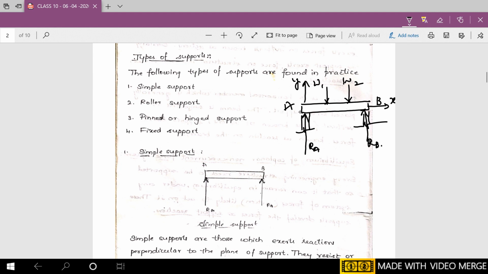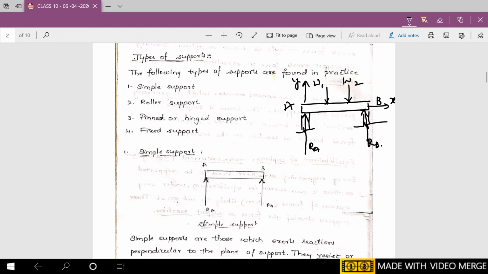But along the x direction it can move. If I apply a force like this here, it can move in the x direction, or if I apply a force on this side, it can move in the x direction. So it has translation ability in the x direction, but no translation in the y direction. Or I can say the translation in the y direction is restricted.